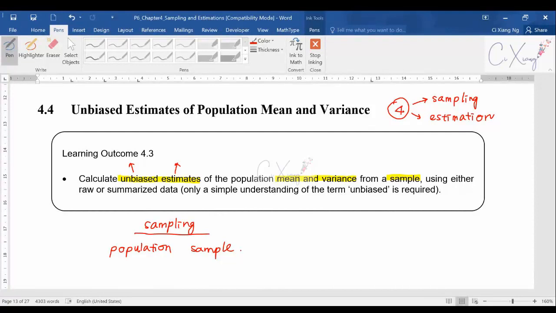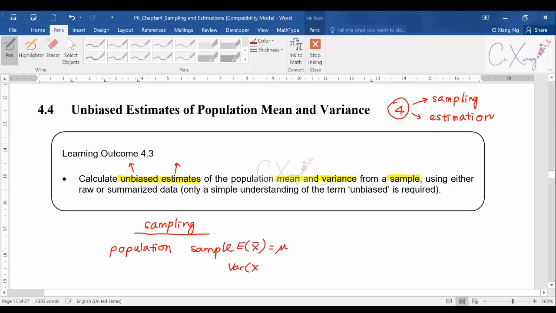When you have a sample, the mean of the sample mean equals the population mean. And when you calculate the variance for the sample mean, it is actually the variance of the population divided by n. This is something that we learned before. That means we get the sample value from the population. That's the main idea in the sampling part.